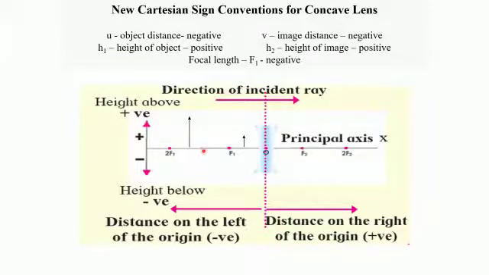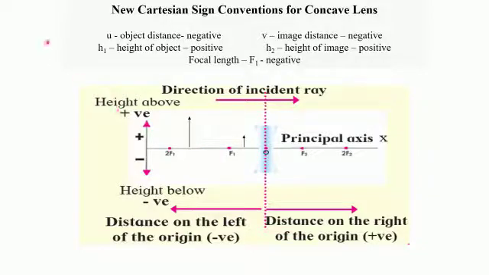All distances that are measured to the right of the origin are taken to be positive, and all distances that are measured to the left hand side of the optical center are taken to be negative. So the principal axis, we will consider it to be the x-axis, and this is the y-axis, and this is the optical center, that is what we call the origin, and all distances are measured from the origin.